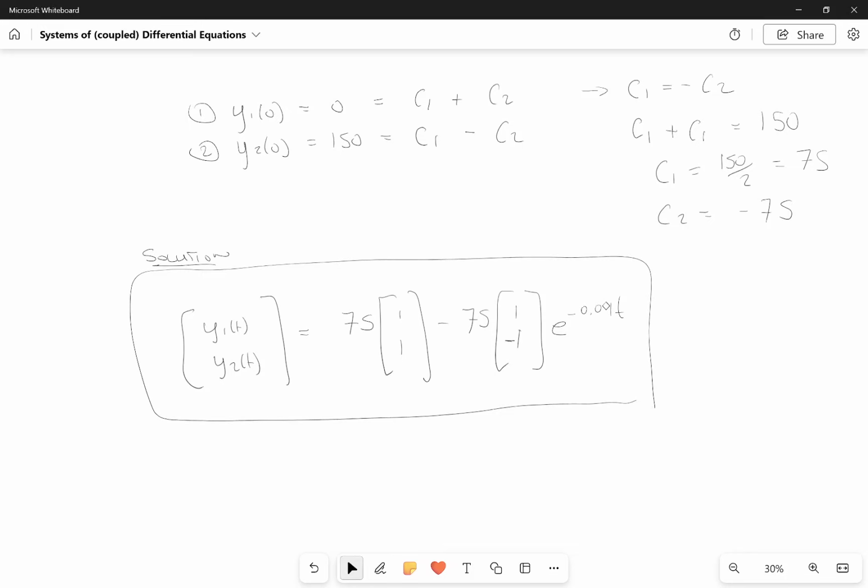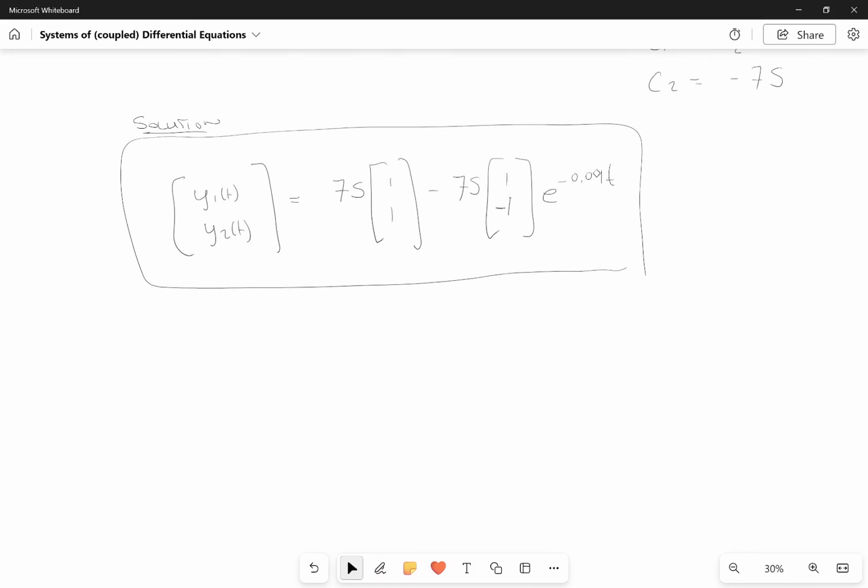And now we can answer the original problem. The original problem was: at what time is y1 equal to half of y2?